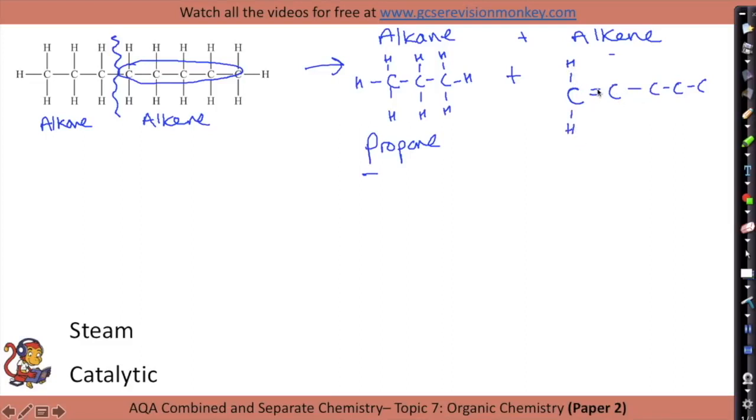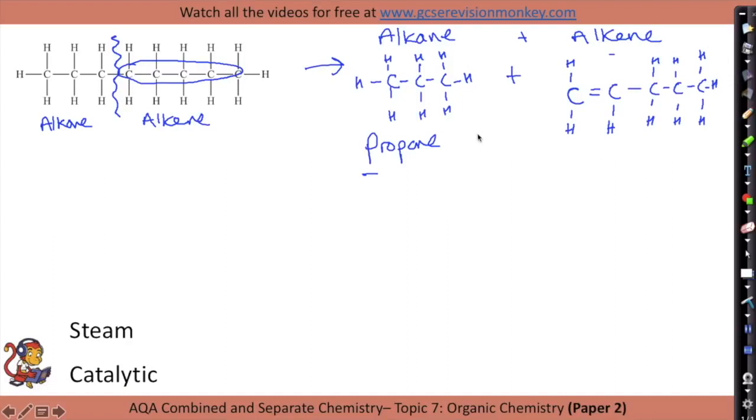If we look at this carbon, it's already made 1, 2, 3 bonds, so we can only add 1 more on. And I could have added that here or above, it doesn't matter. This one can have 2 more hydrogens, 2 more here, and 3 more at the end. And this is our alkene.